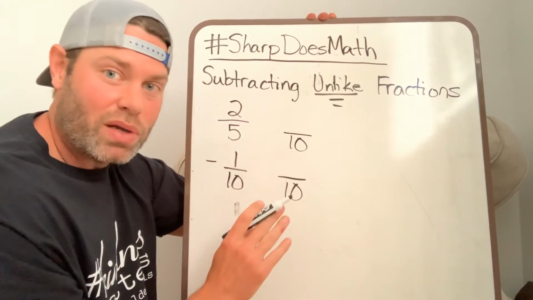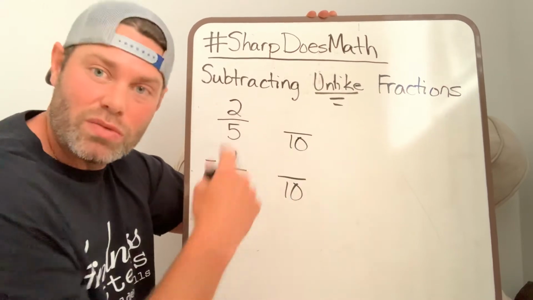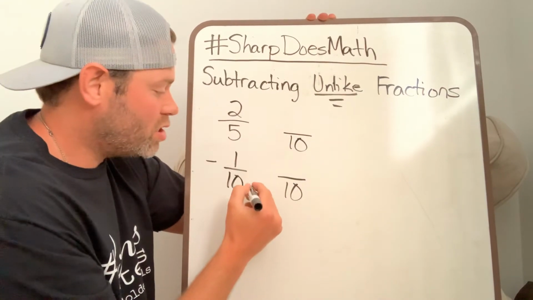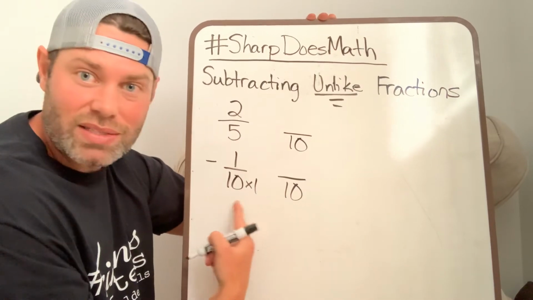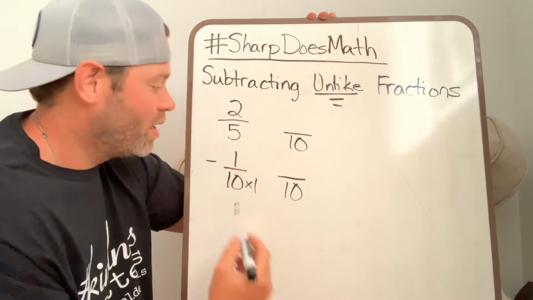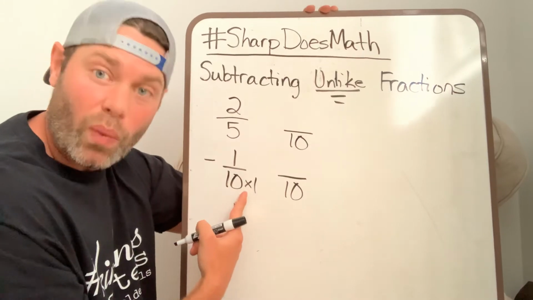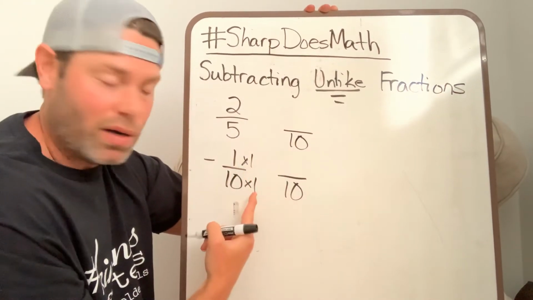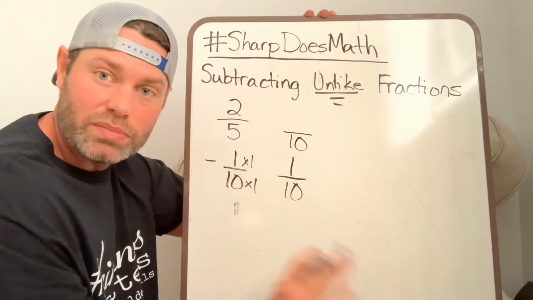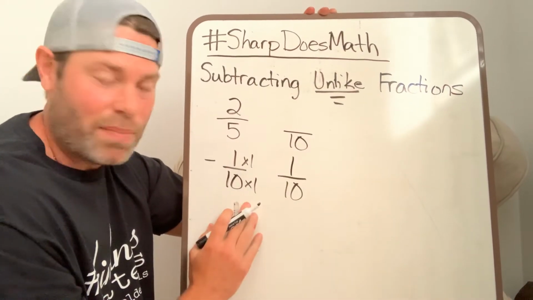Or if you're going to multiply, which, if you want to run through the steps, you're just multiplying it by 1. 10 times 1 is equal to 10. Anything times 1 is going to stay the same. Okay? So if I multiply by 1 here, I have to multiply by 1 in the same numerator. 1 times 1 is 1. Boom. All right? That fraction stayed the same.